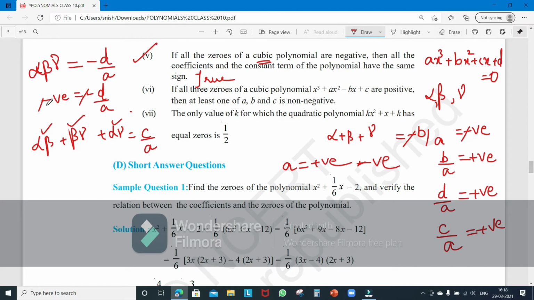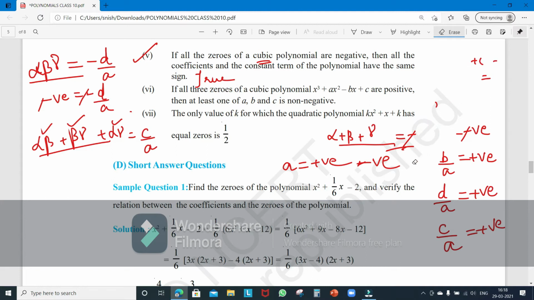So you'll get to know that these formulas play an important role in this chapter, so definitely keep it strong. It's easy as well. Okay, next, moving on to the 6th question.